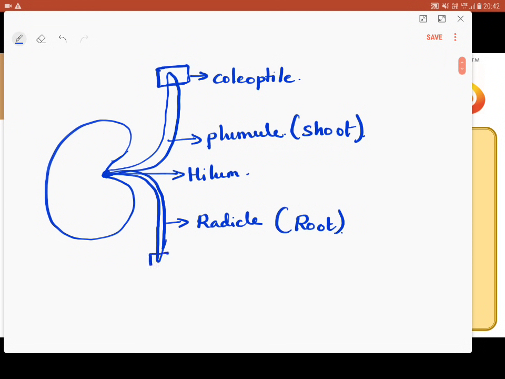The lowermost part of the radicle is called as coleorhiza. Rhiza means root.